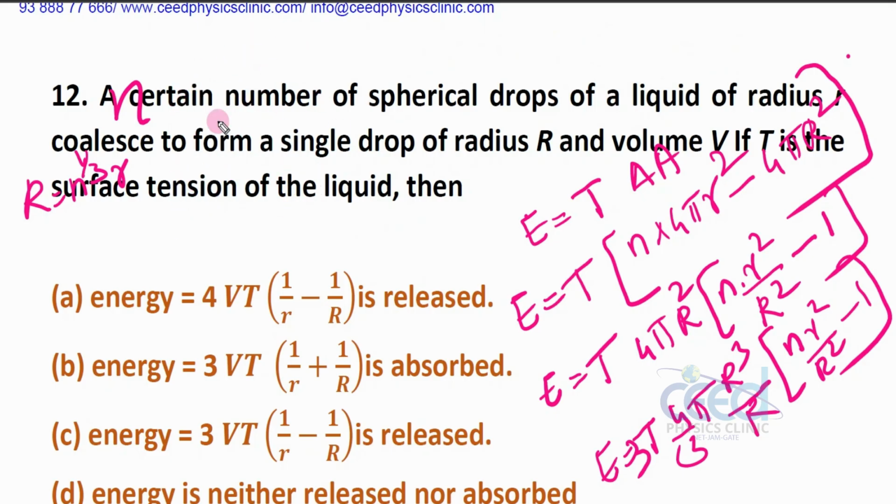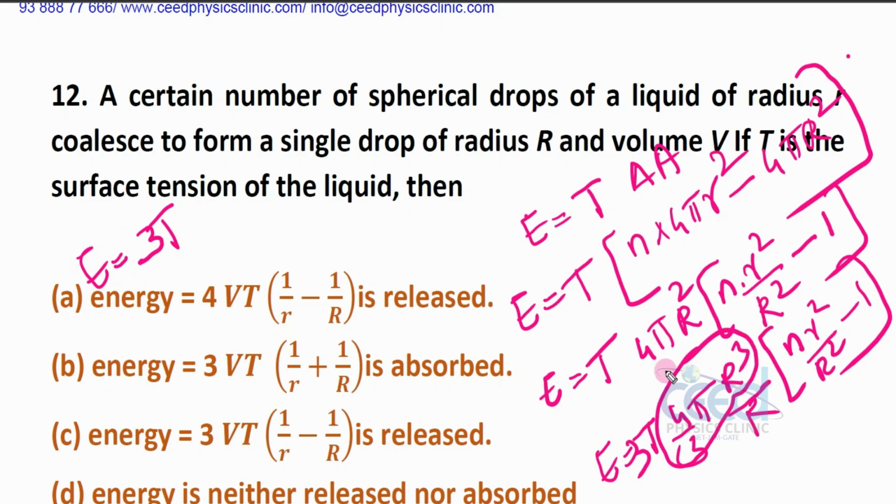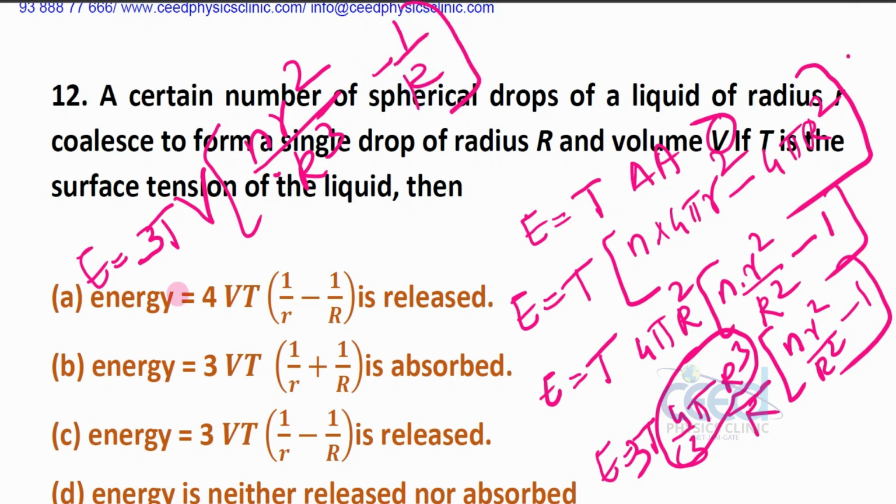See, look here. Now by writing this, energy is equal to 3T into 4 by 3 pi r cube, which is the final volume of the drop we are given here. Now the remaining, I am multiplying the bracket, that is n r square divided by this, 1 by r. I am multiplying r cube minus 1 by r. Now you can write it as 3VT.